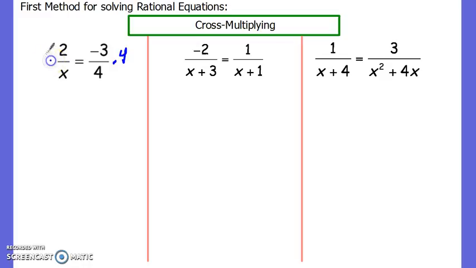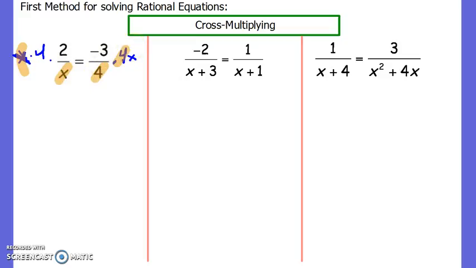So I'm also going to multiply by 4 on the left side. But while I'm at it, if I have an x in the denominator on the left side, I'd also multiply by x on both the right and the left as well, which basically is going to cancel the x's on the left side. We'll cancel that away with this, and we'll cancel the 4's on the right side.